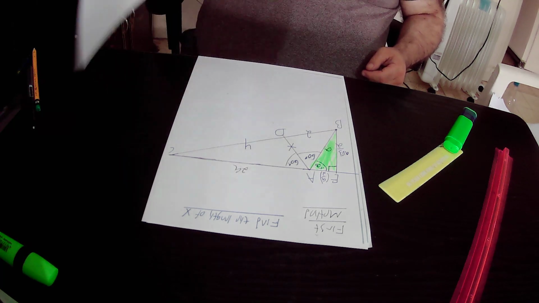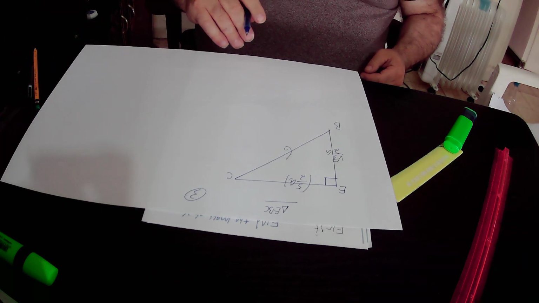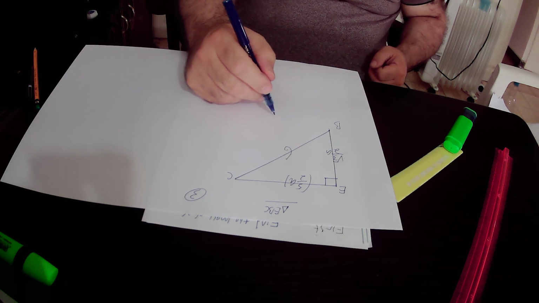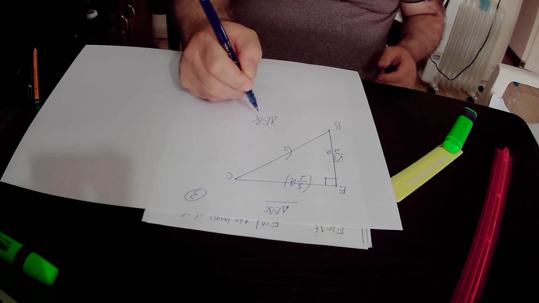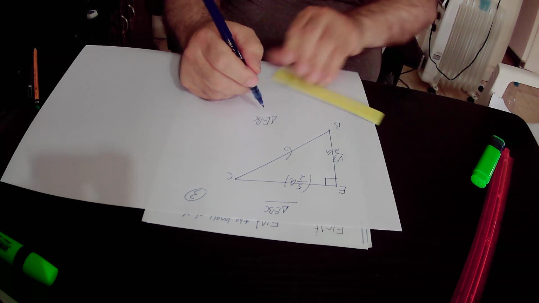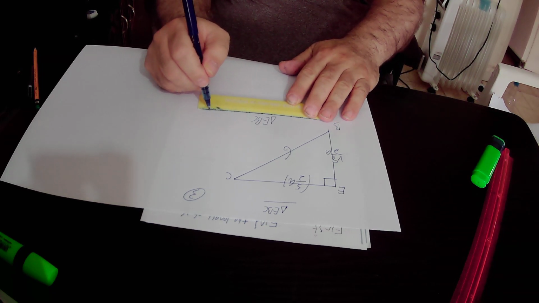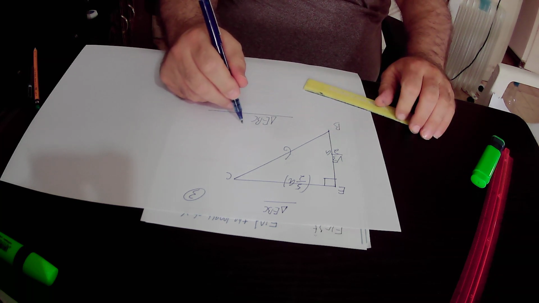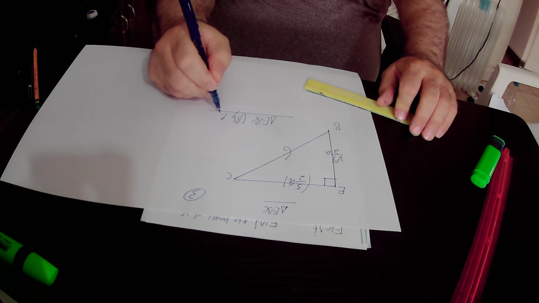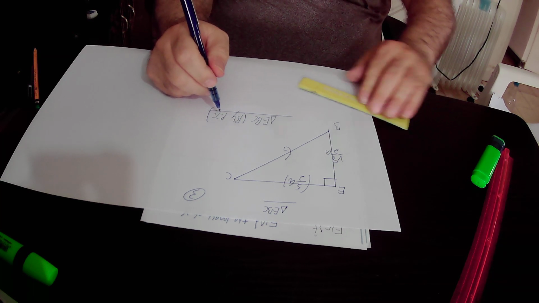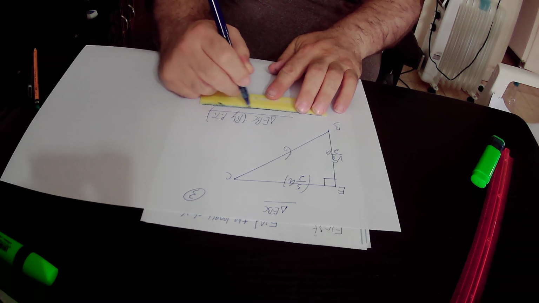So now we will implement the Pythagoras theorem on the right triangle EBC. According to the Pythagoras theorem, PT is abbreviation for Pythagoras theorem.